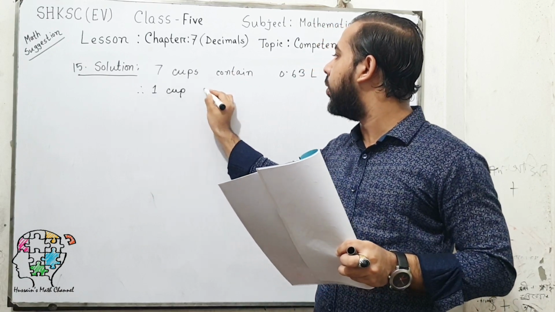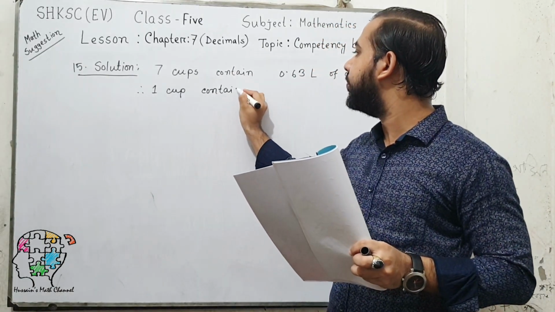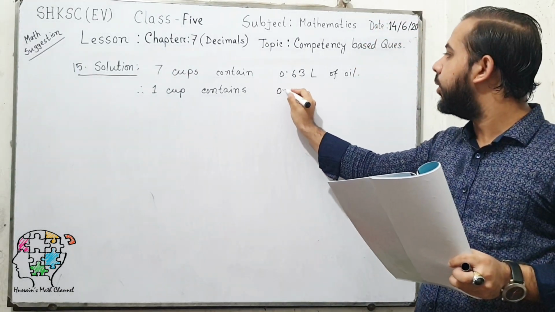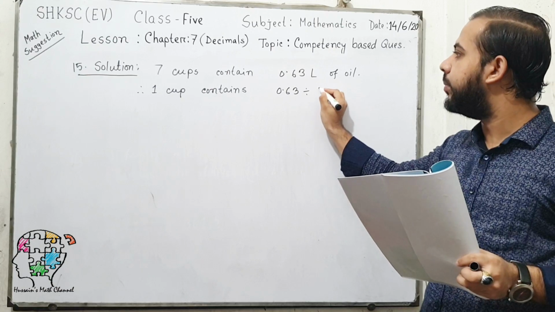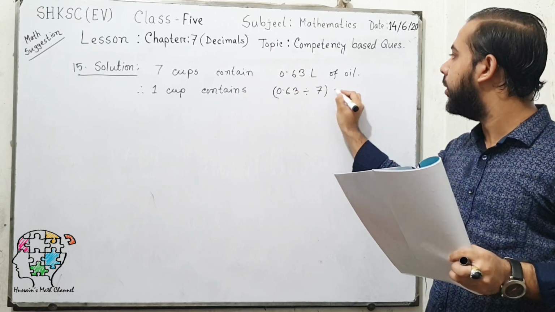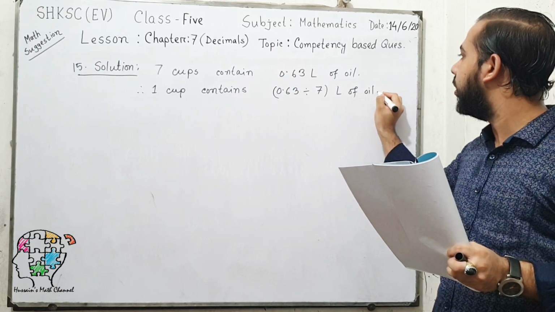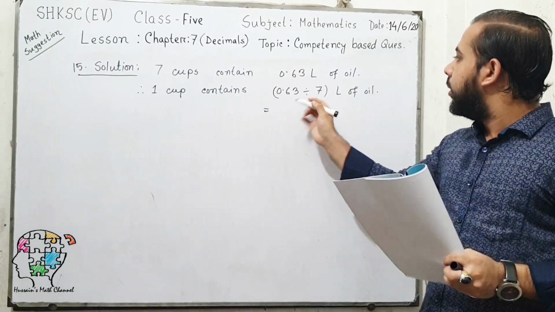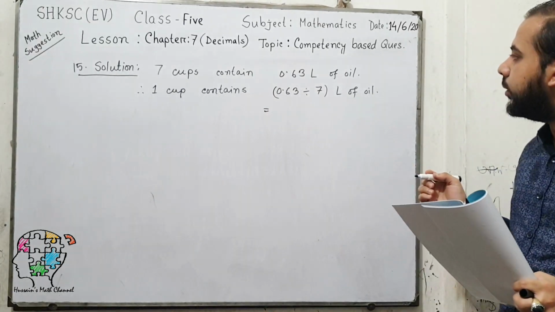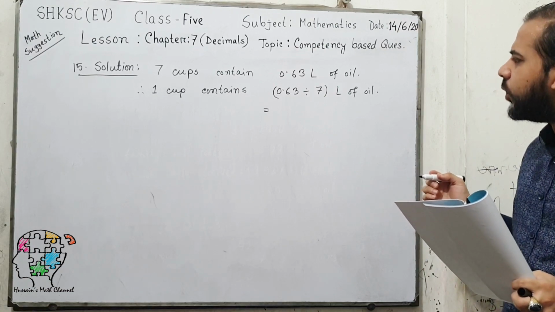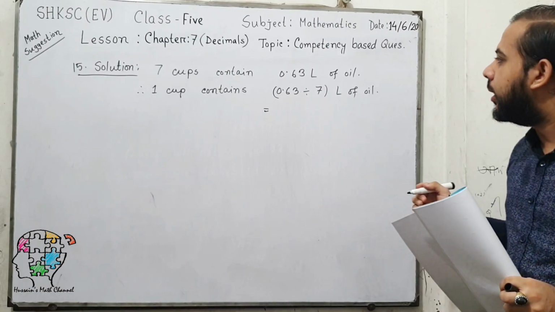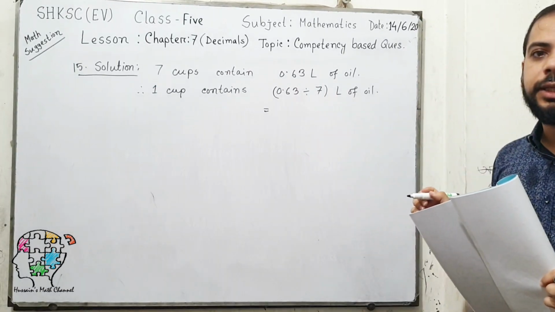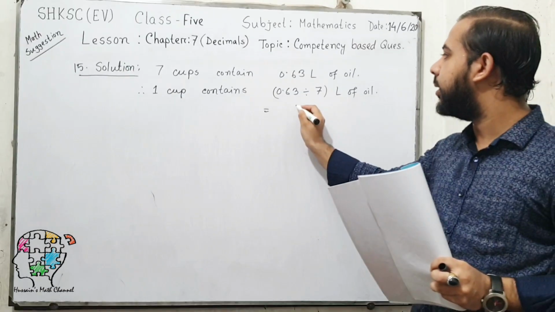So 1 cup contains obviously less, so 0.63 must be divided by 7 liters of oil. So we can divide, you should do rough, or you just feel that if 63 is divided by 7, you can easily get the answer as 9.